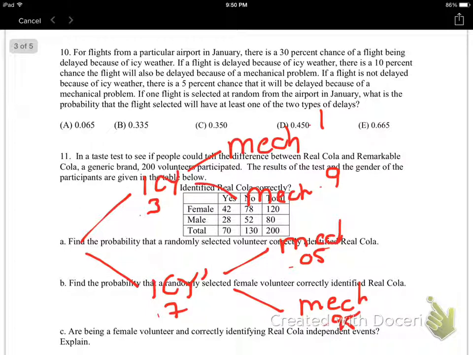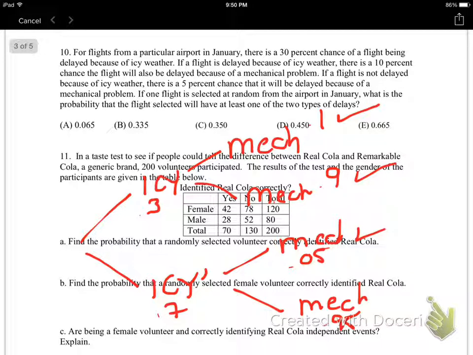Okay, so if a flight is selected at random, what is the probability the flight selected will have at least one of the 2 types of delays? Okay, so are we delayed because of icy weather and because of mechanical problems? That's at least one of the 2 types, isn't it? So that's a winner. Here is icy and no mechanicals, but still an icy problem. Here's not icy, but mechanical.